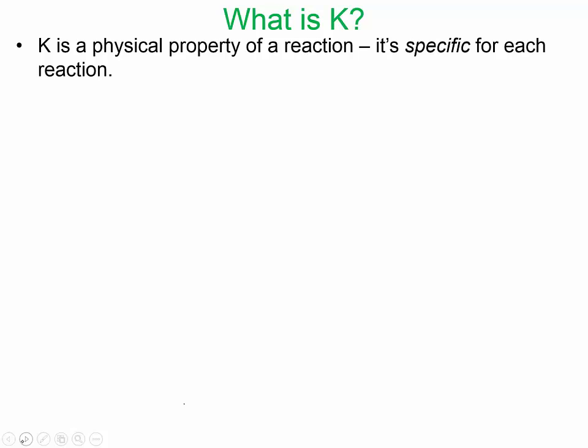In fact, that's the only way to actually change the K value, is to do the reaction at a different temperature, and then you could have an all new equilibrium constant. But in short, it's specific for each reaction.